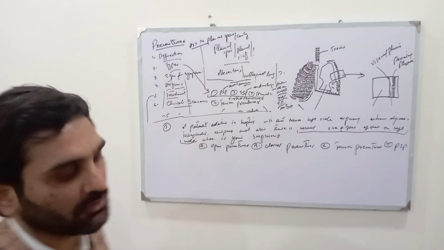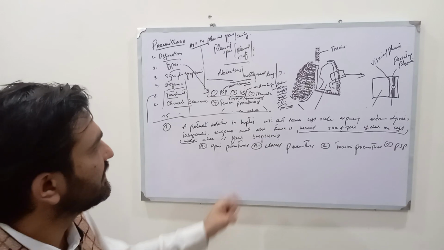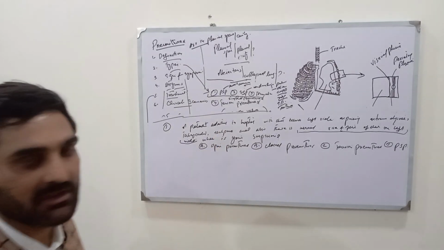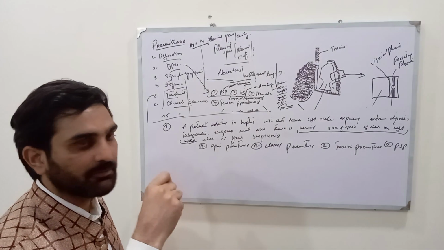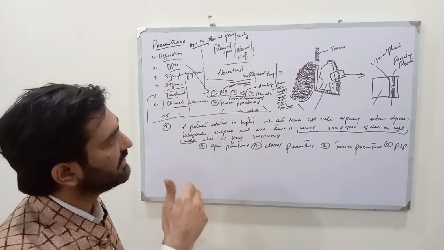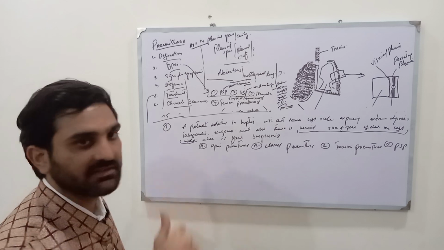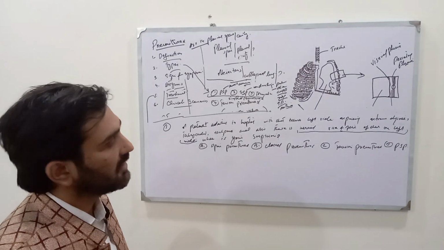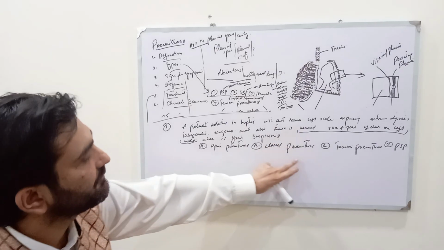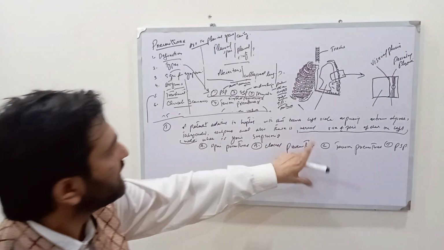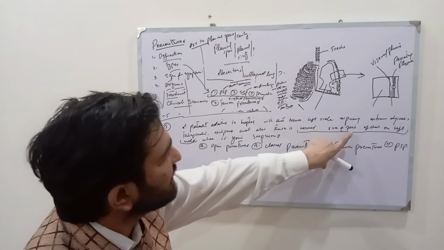Remember, in tension pneumothorax, there is development of a one-way valve. That is, air can enter the pleural space and cavity and can lead to collapsed lung or atelectatic lung, but air cannot go out of this space. But here you are finding that rise and fall.